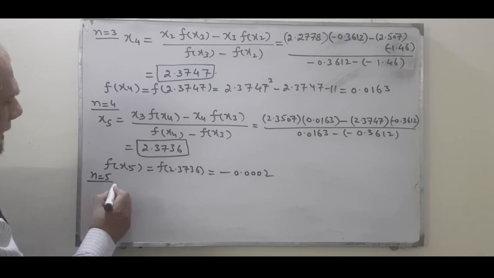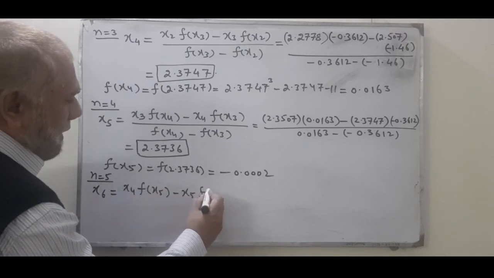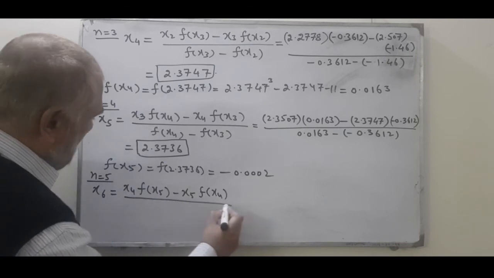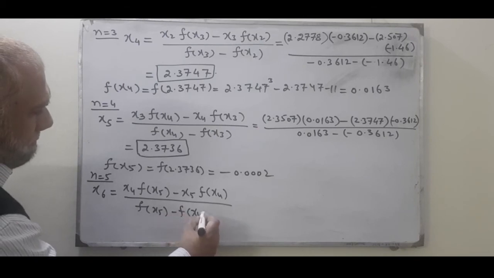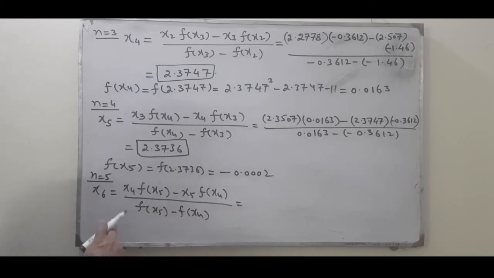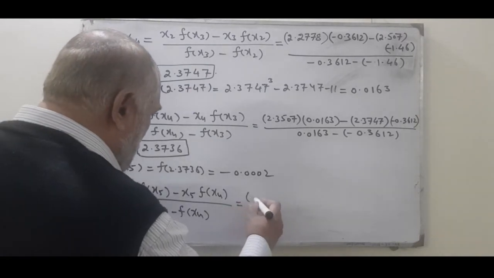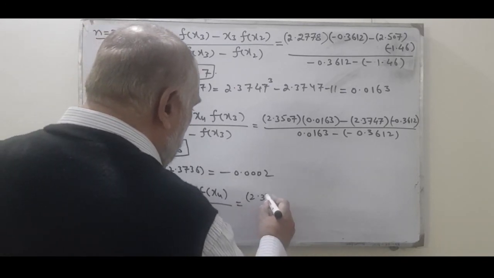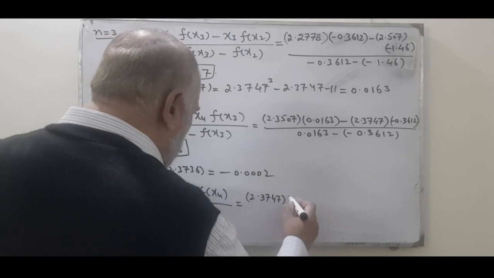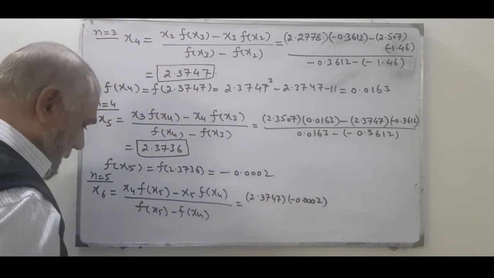On taking n equals 5, we'll have x6, x4 f(x5) minus x5 f(x4), whole divided by f(x5) minus f(x4). Okay. On substituting the values, x4 is 2.3747. f(x5) is minus 0.0002, we have just calculated.